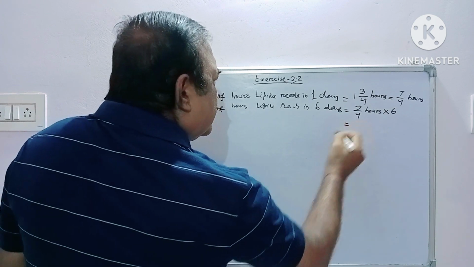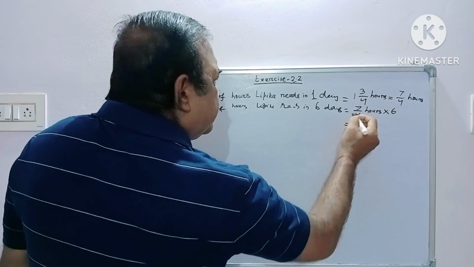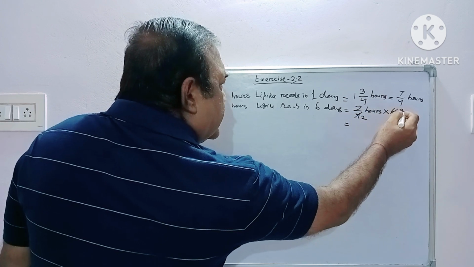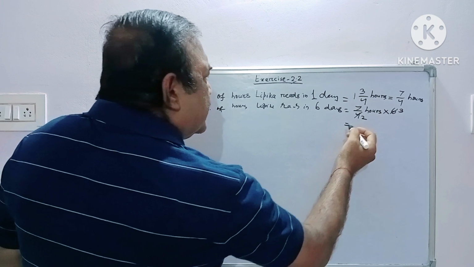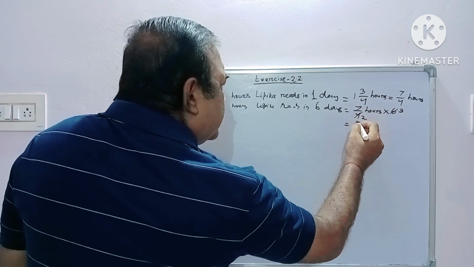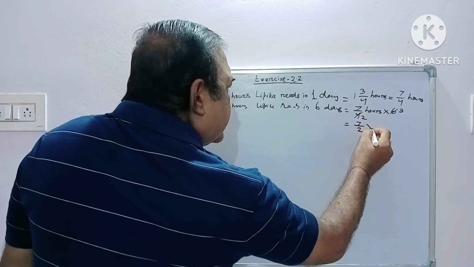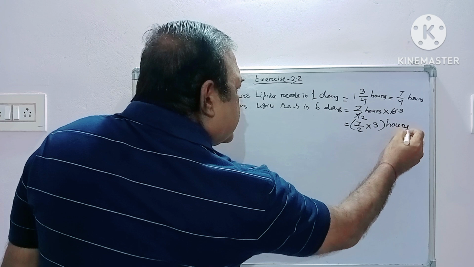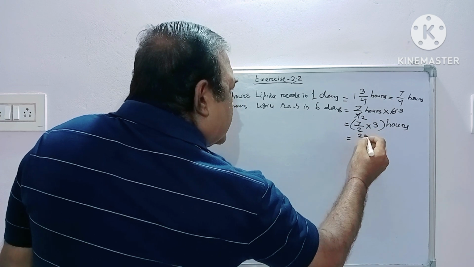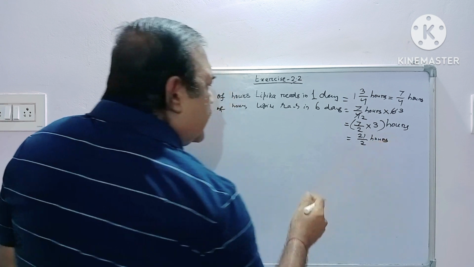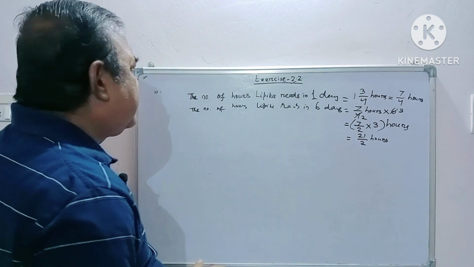That is equal to, you see, 2 2s are 4, 2 3s are 6. So 7 by 2 hours into 3, that means you may write like this, 7 upon 2 into 3 hours. That is equal to 21 by 2 hours. Or you may write it in the mixed fraction, but this is the answer.